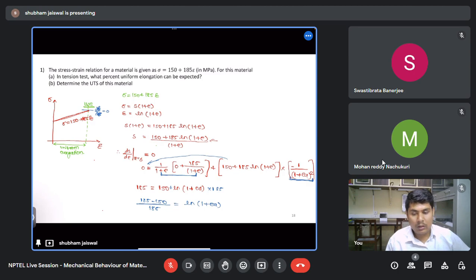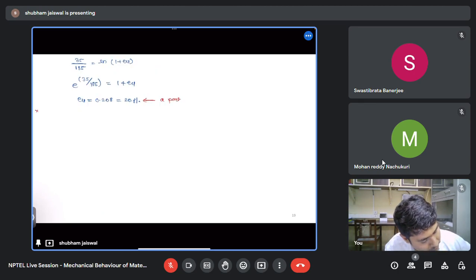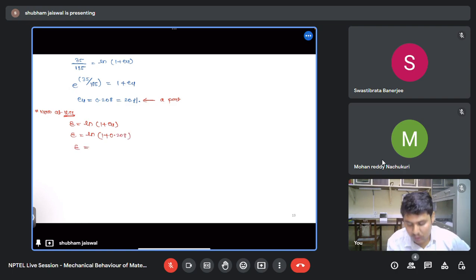So at UTS, epsilon is ln(1 plus eU). So epsilon comes out to be ln(1 plus 0.208), which is 0.1892. Is it not?